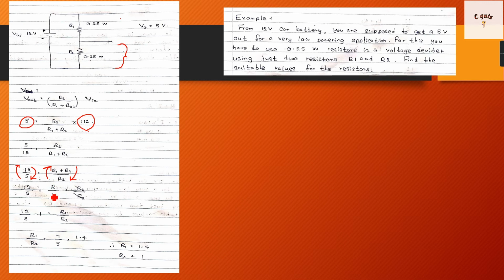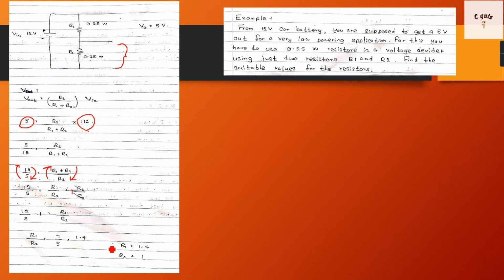Here you get R1 over R2 is equal to 12 over 5 minus 1, because R2 and R2 cancel. That plus 1 goes over here. It means 12 divided by 5 minus 1. Here R1 over R2 is equal to 7 over 5, equal to 1.4.